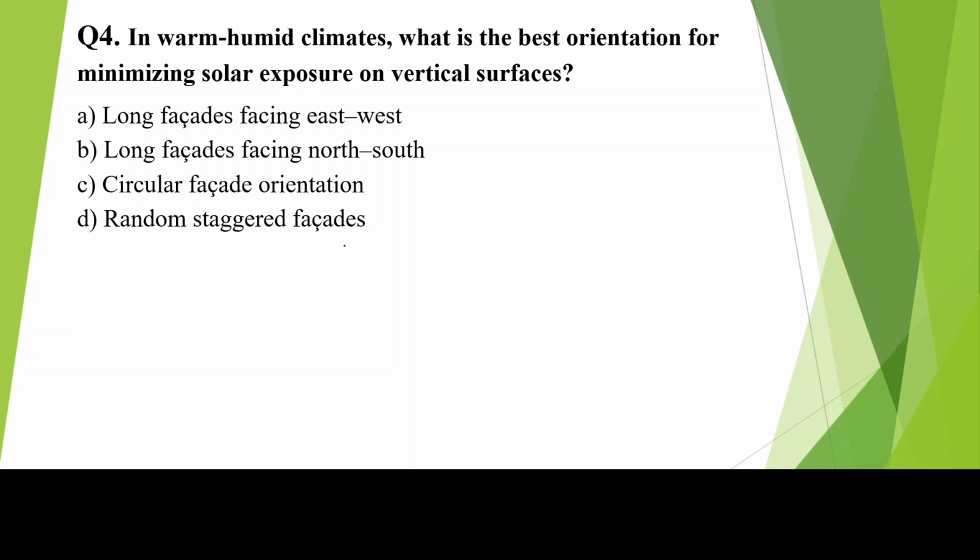In question number 4, it is asked, in warm and humid climates, what is the best orientation for minimizing exposure on vertical surfaces? So you try to give an answer to this question also. This is based on lecture 2 of week 5.